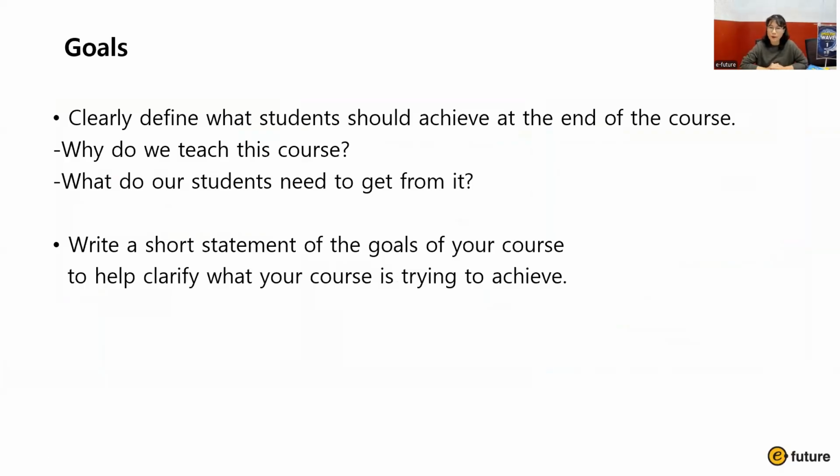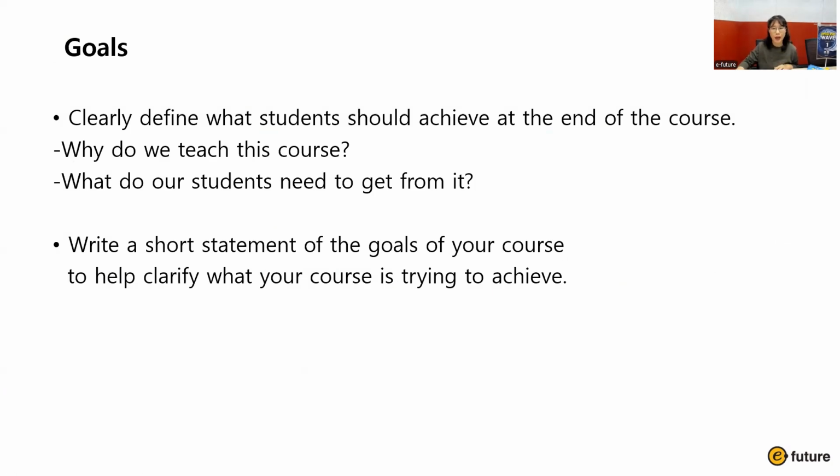And goals are very important. Clearly define what students should achieve at the end of the course. Why do we teach this course? Why do we teach this book? What do our students need to get from it? That's the goal. Write a short statement of the goals of your course.